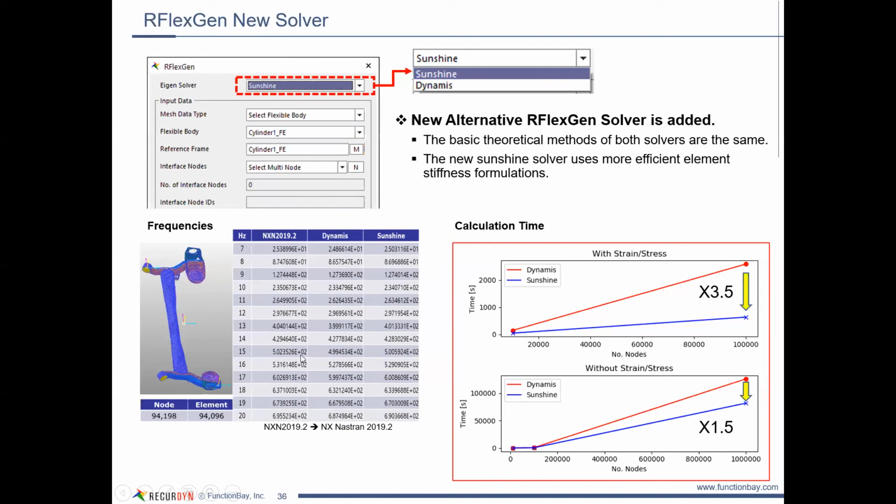You can see the sample problem they looked at here, and they're comparing modes 7 through 20. Anyway, we think this new solver is pretty exciting, and we're just glad to see this improvement.